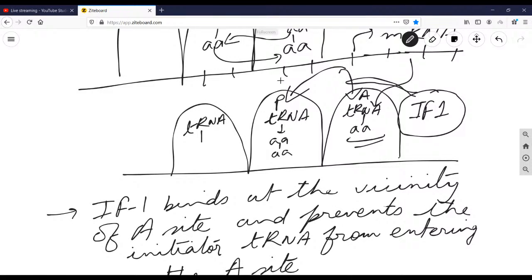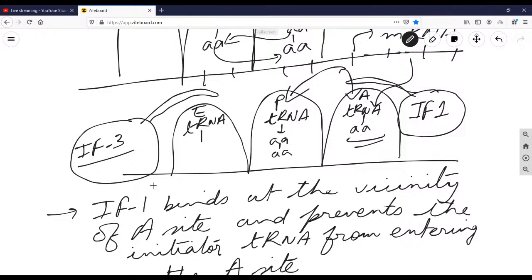IF2 will make sure that it enters the P site, and IF3, I'll tell you in the next class, has an N-terminal domain, not auto-inhibitory, which will mask the E site so that the tRNA doesn't bind or reach the E site as well. This is why IF3 binds somewhere here.